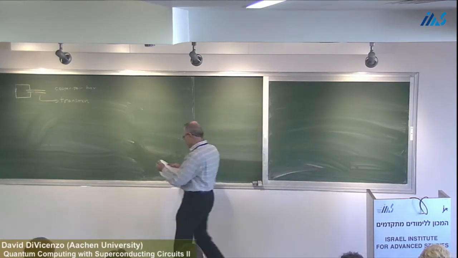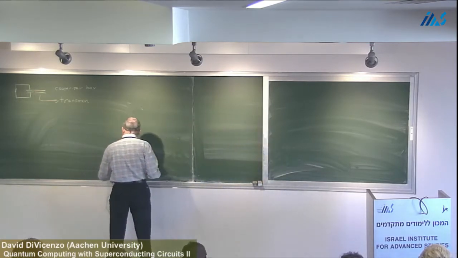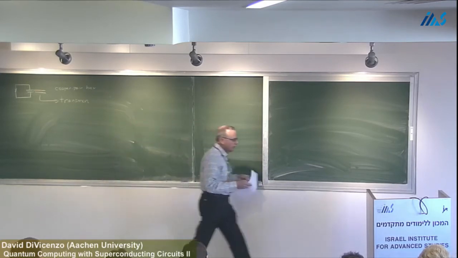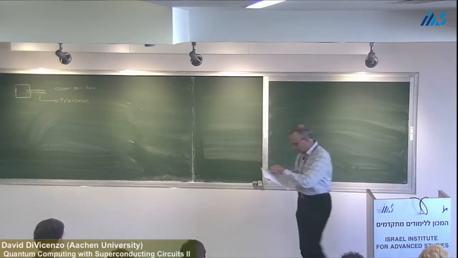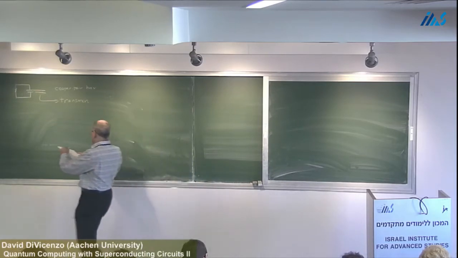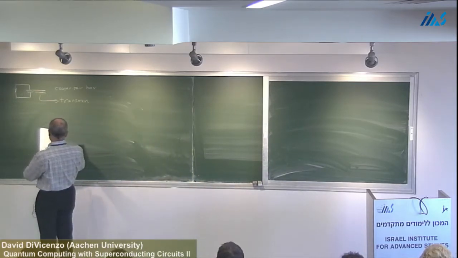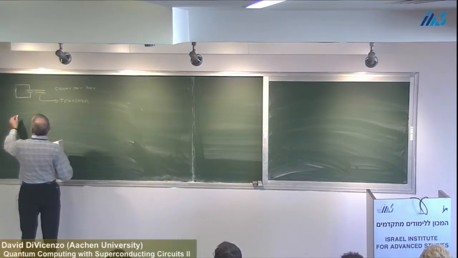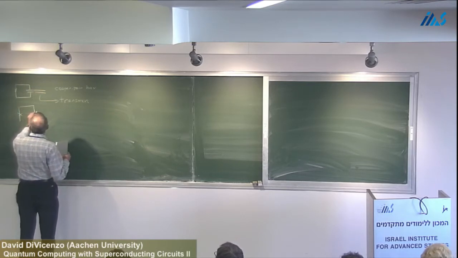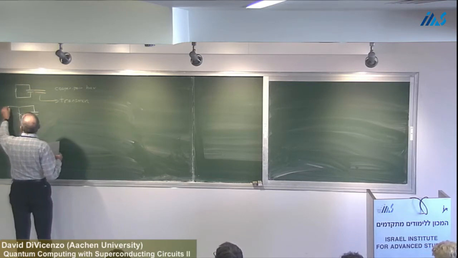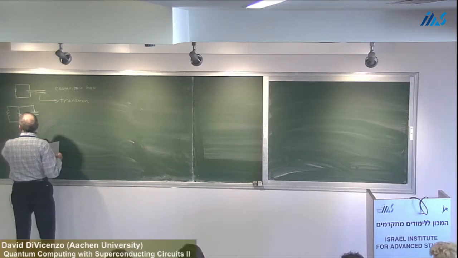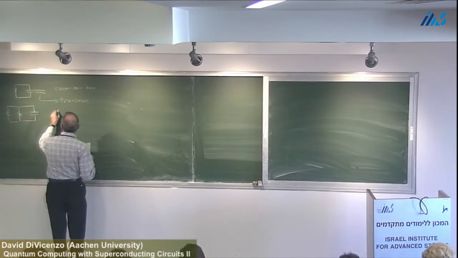Now, the other categories, let me keep this around. I'll put it here. So we've got the phase qubit. Where do I have it here? Yeah. So the phase qubit is the same thing, except additionally with an inductor. Actually, there are 2 variants of the phase qubit also.